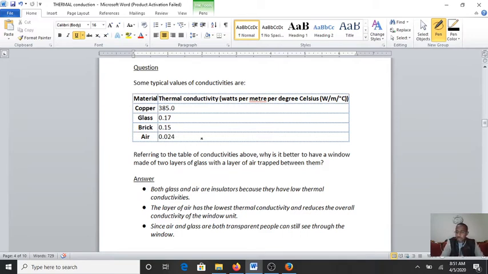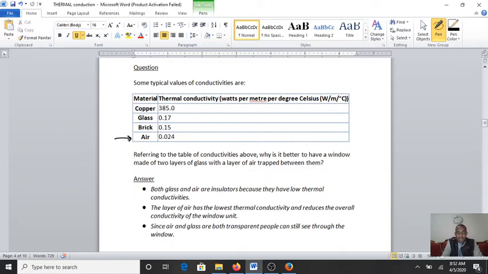This table tells us something very important. The first material is a thermal conductor because its thermal conductivity is very high. And this is the worst thermal conductor in that table, air.